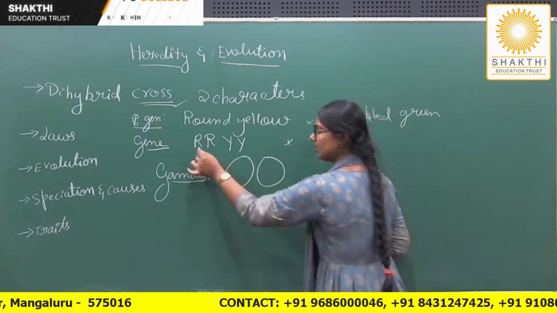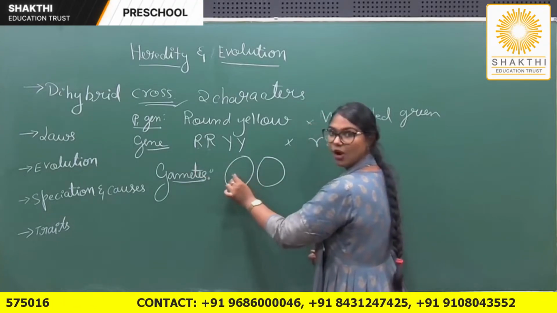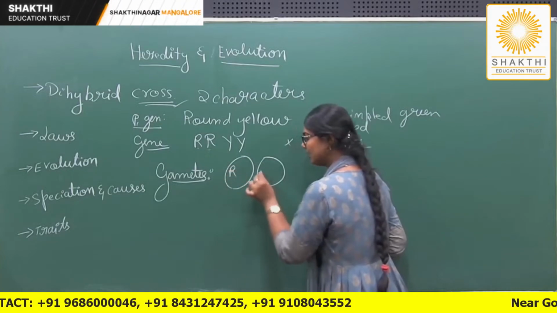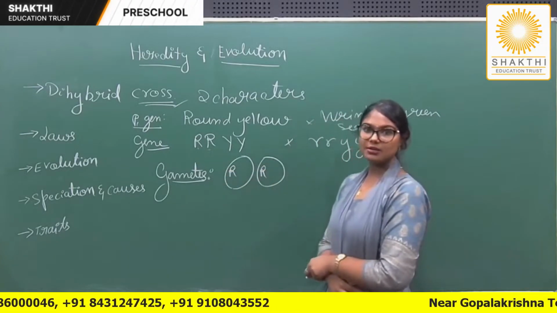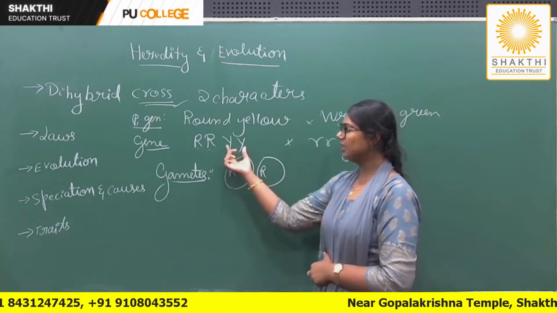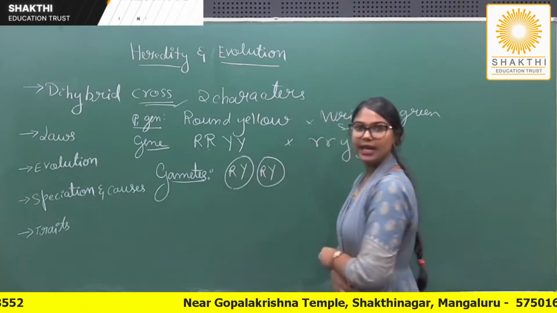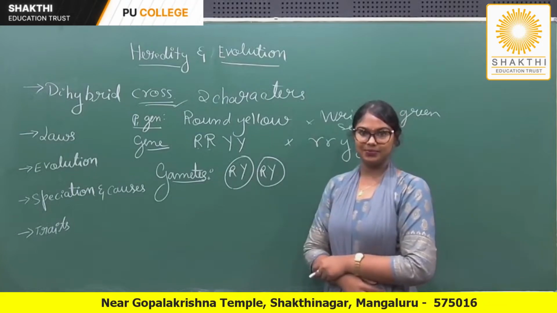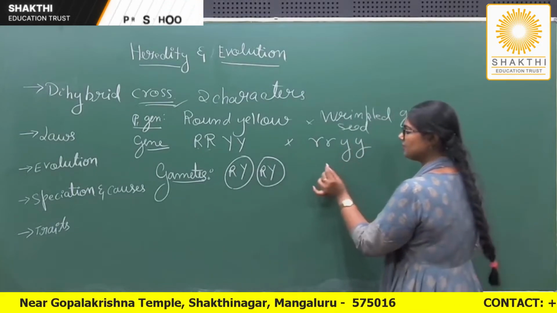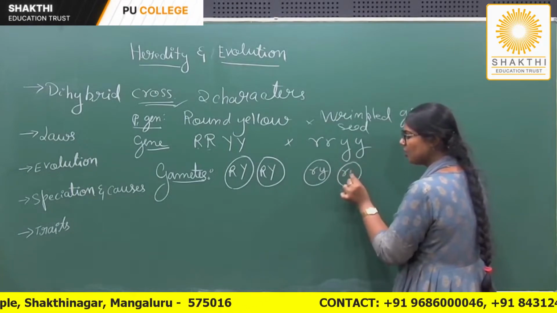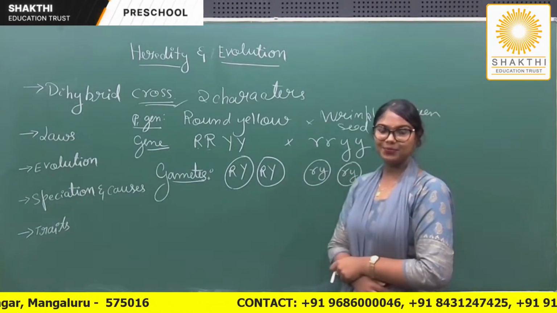So, since there are two R's here and I cannot write both of them in the same circle, I will draw two circles and I will write two R's. Same thing, we have two Y's. Inside one circle, I'll write one Y, another one, I'll write the other one. Following the same pattern, we have small r, small y and small r, small y.